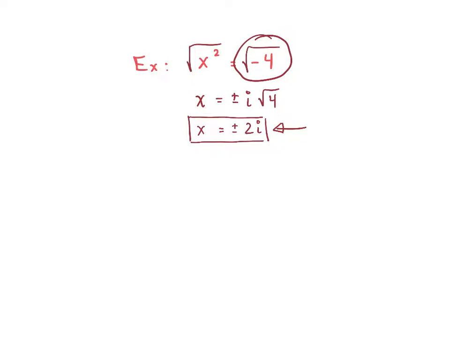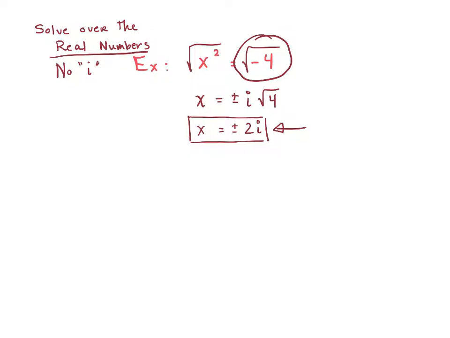Now, when we solve quadratics, you also have to pay attention to the directions. If directions say solve over the real numbers, that means you can have no i's in your solutions.